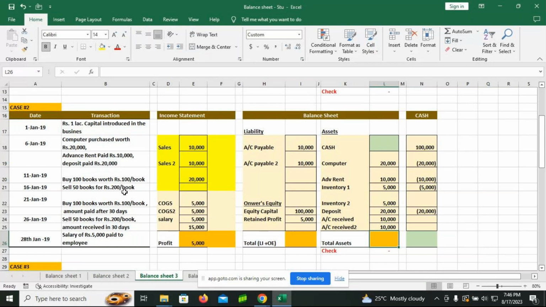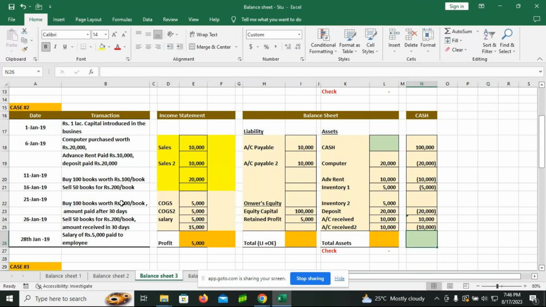Here they have nothing shown that it will be paid later. So this amount I am going to show as received amount equals 10,000 as it is. Second amount, sold books worth rupees 200, amount received in 30 days, means I am yet to receive. So I'll show it in minus.